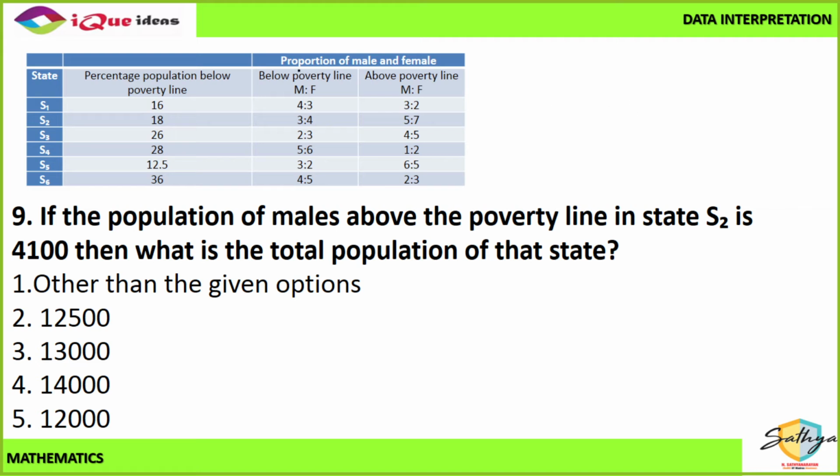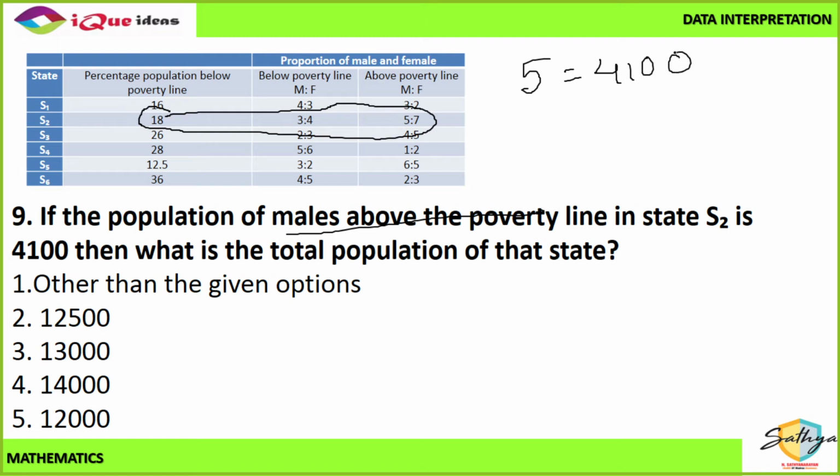See, the pura data is for state 2. So we have to take all these numbers. Now, male above poverty line is 5. So if male above poverty line is equal to 4100, then total people above poverty line, that is 5 plus 7, is equal to how much? So that will be 12 into 4100 divided by 5. I will not calculate it.